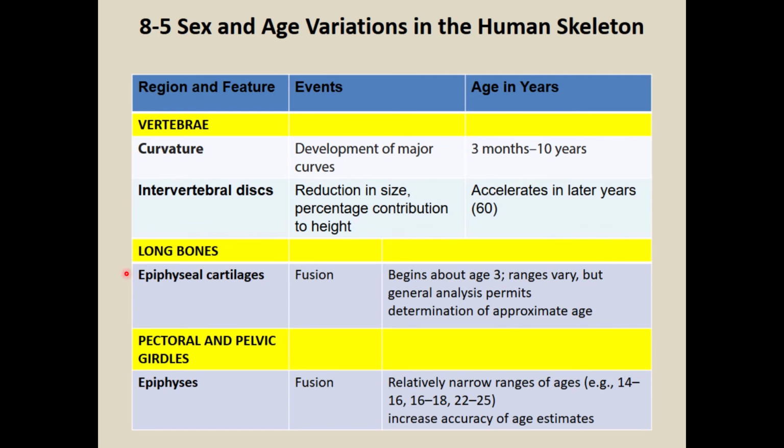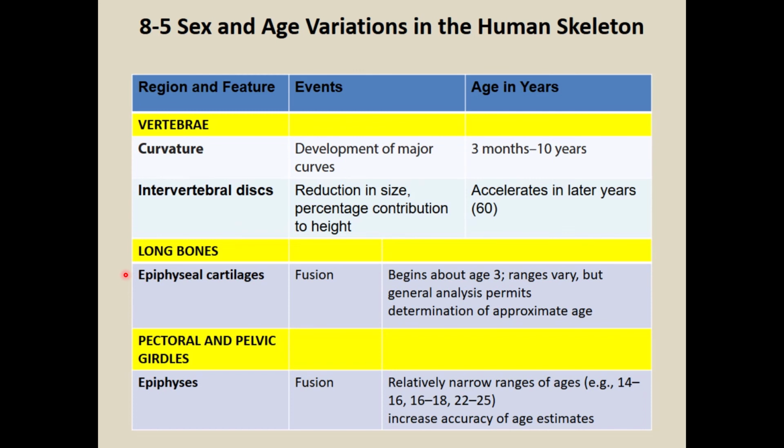There are changes in the epiphyseal growth plate. Starting with age 3, some of them will close. By late puberty, these growth plates will fuse and ossify, and that's why the increase in height will also stop.